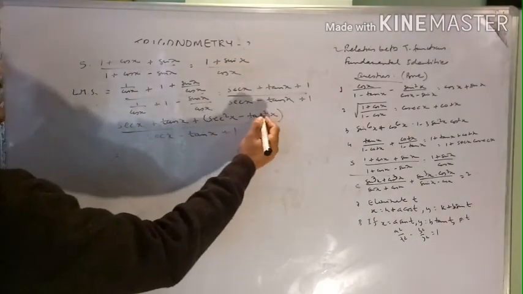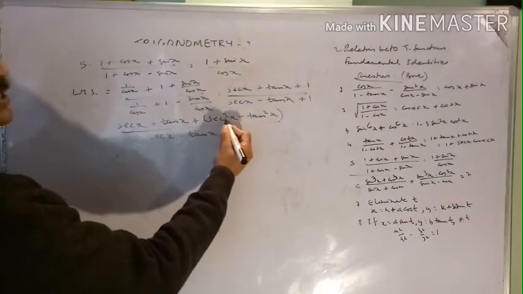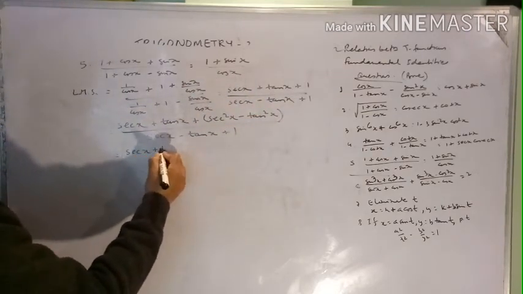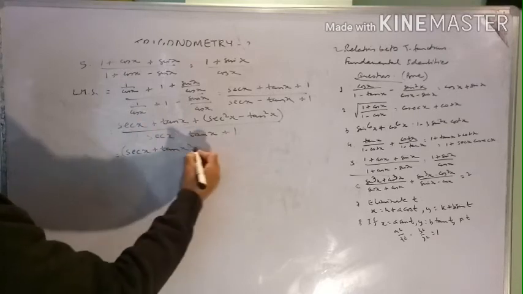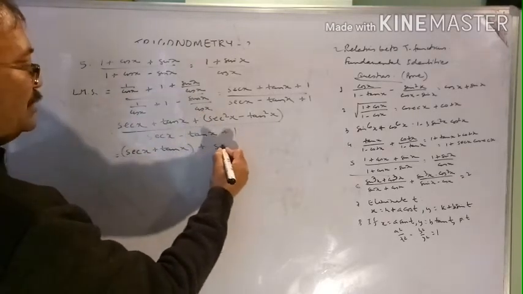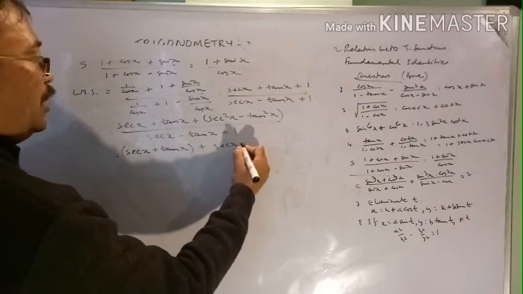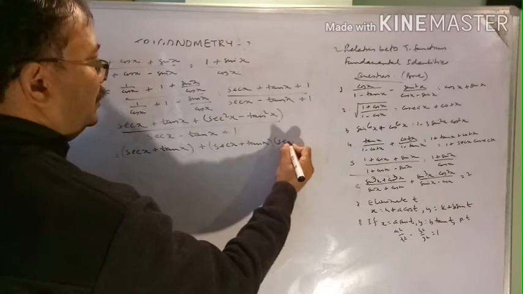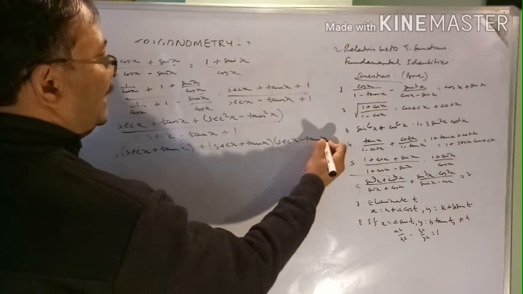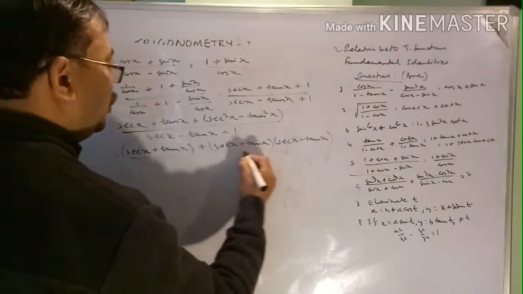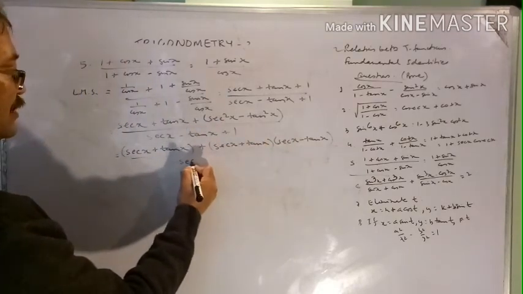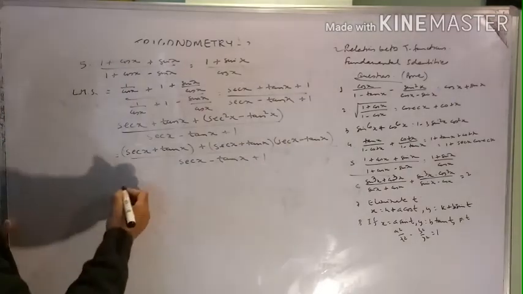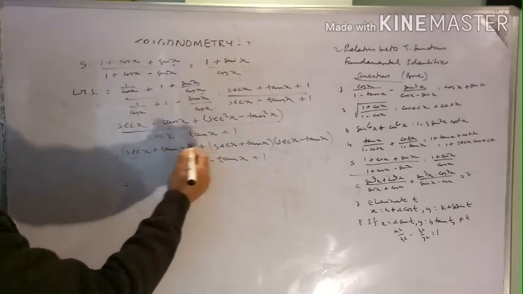Now the idea of writing this is that we can factorize. You can use the a square minus b square formula. So we get sec x plus tan x plus, in brackets, sec x plus tan x into sec x minus tan x, whole divided by, as it is, sec x minus tan x plus 1. Now you can take sec x plus tan x common.